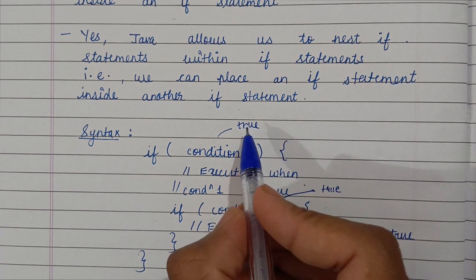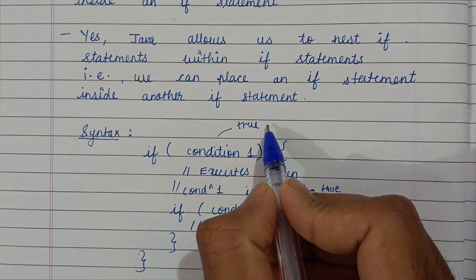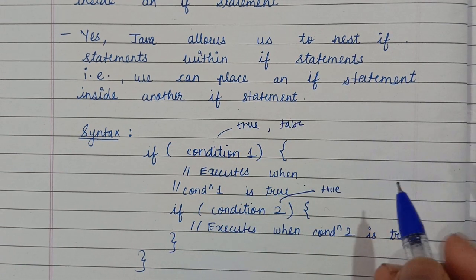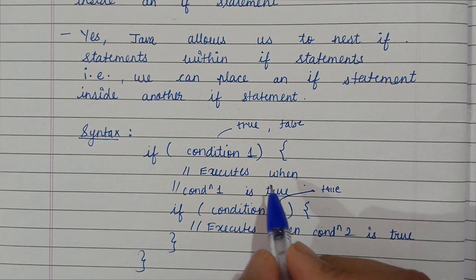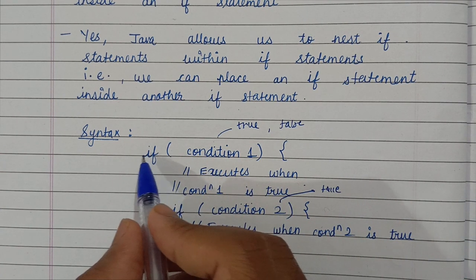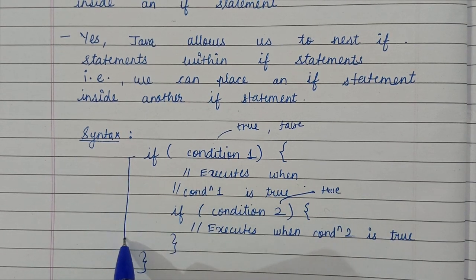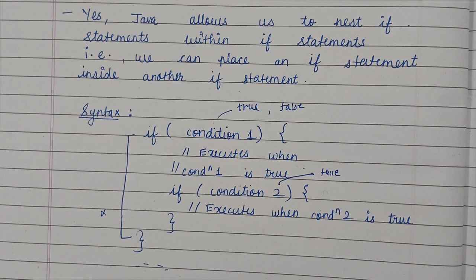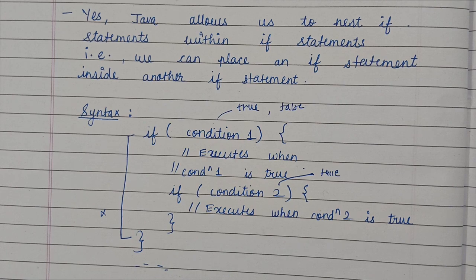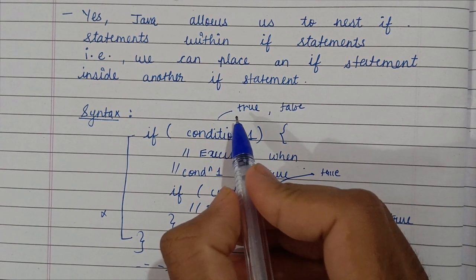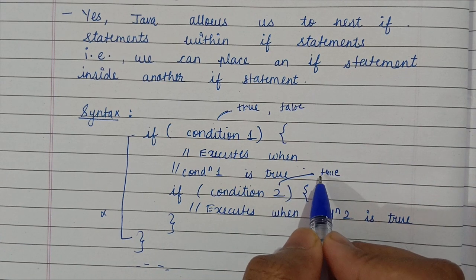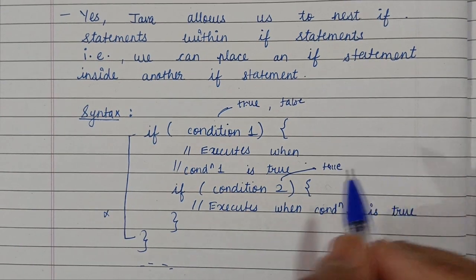Let's say the first condition is false, then it will not execute, it will directly terminate and run the rest of the code below. Another scenario is if the first condition is true and the second condition is false, then what will happen?